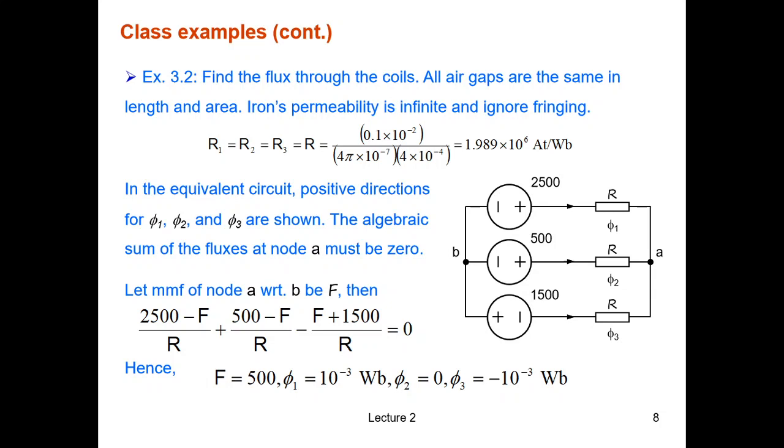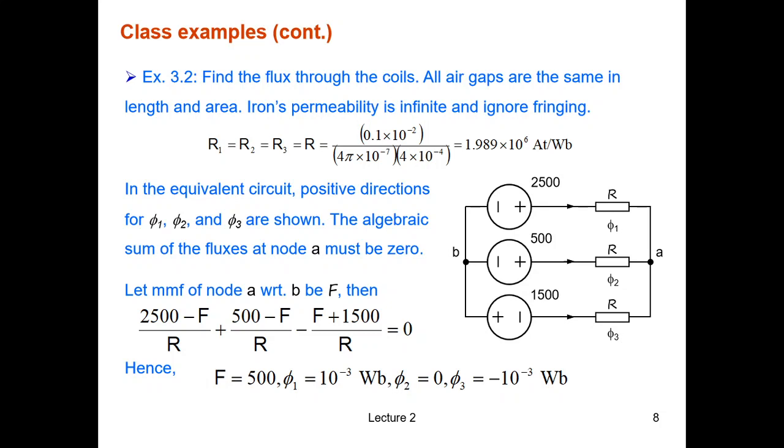There are many ways to solve this, but if you apply the nodal method, it would be easier. We can use an intermediate quantity. We call the MMF between node A and node B F, and therefore we can write 3 equations, ending up with this at the KCL for node A or node B. After that we find F equals 500.